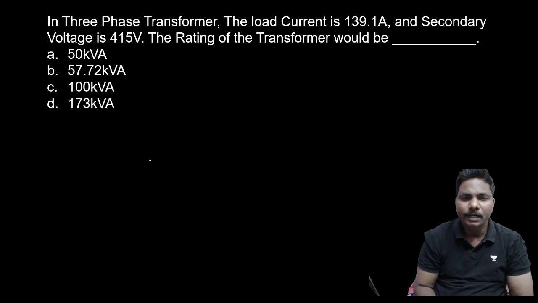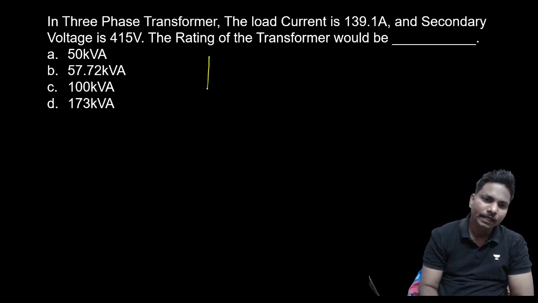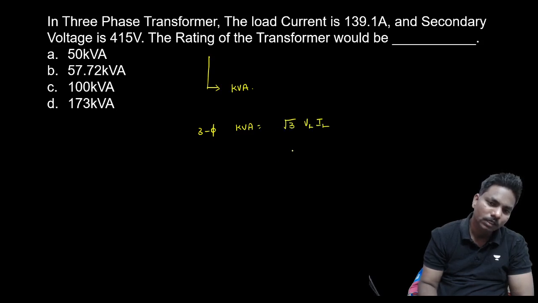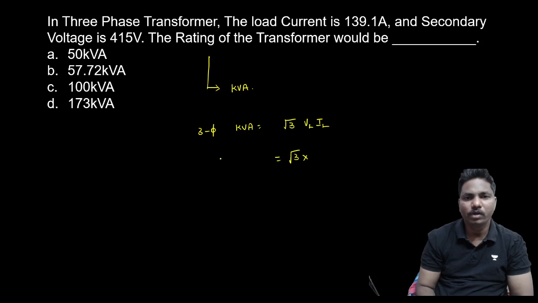In a three-phase transformer, the load current is 139.1 amp and secondary voltage is 415 volt. The rating of the transformer would be dash. The rating is nothing but in kVA. In case of three-phase, the kVA is root 3 times line voltage times line current. Unless they have given otherwise, we have to consider it is star connected.